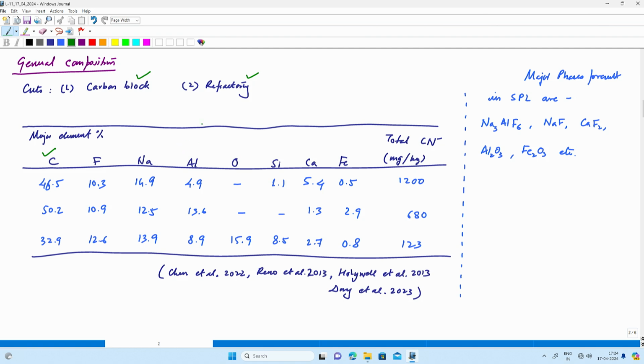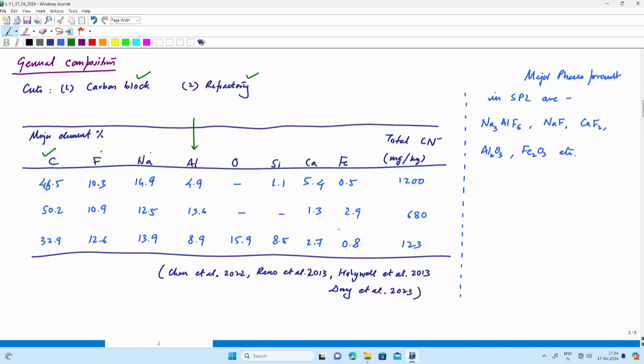Aluminium of course, because the whole system is basically the extraction of aluminium from alumina. So we expect some amount of aluminium to be present, and since we have added cryolite as a raw material during the Hall-Héroult process for the molten salt electrolysis, we expect fluorine and sodium to be present as well.